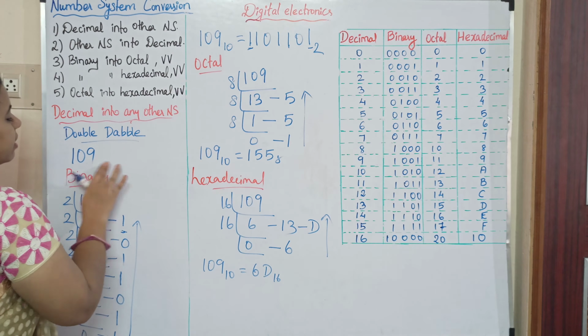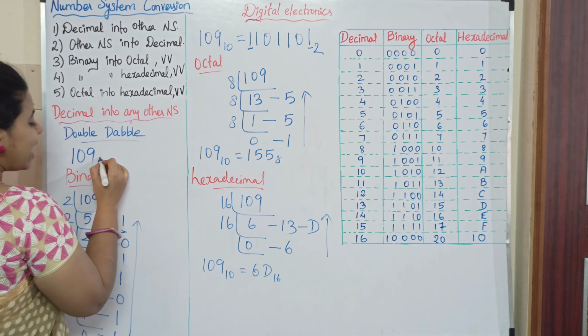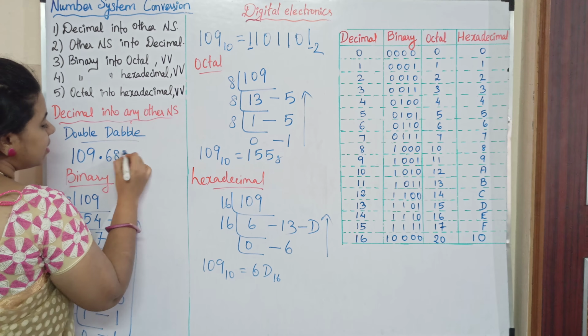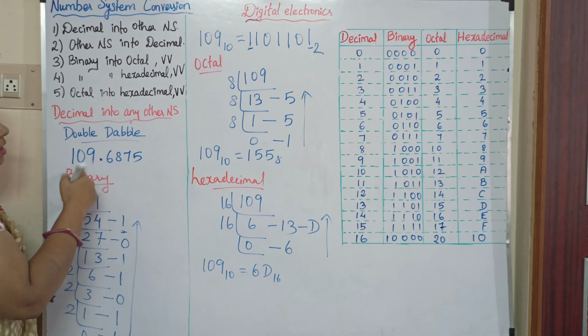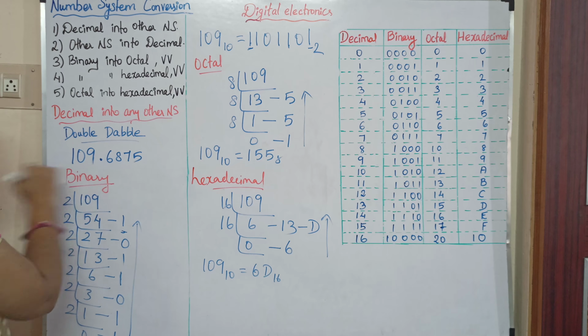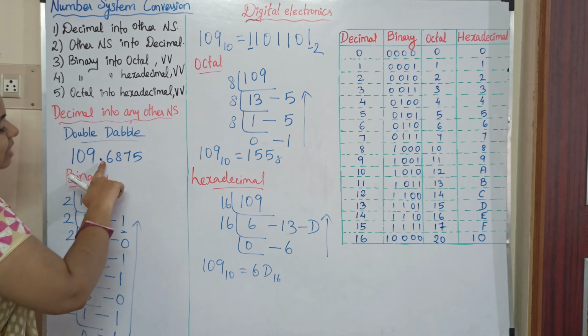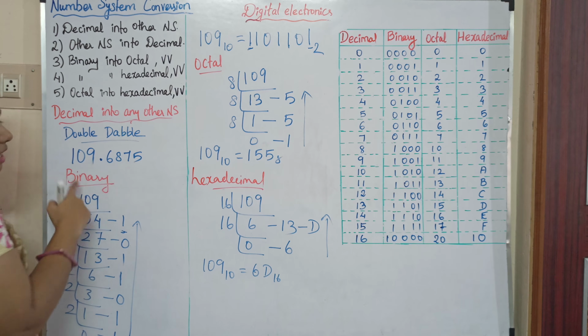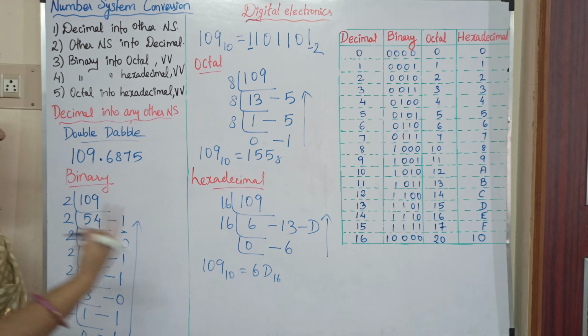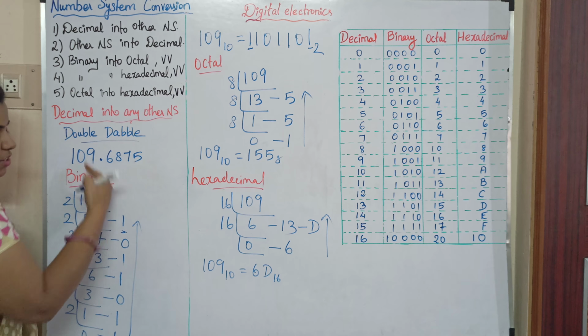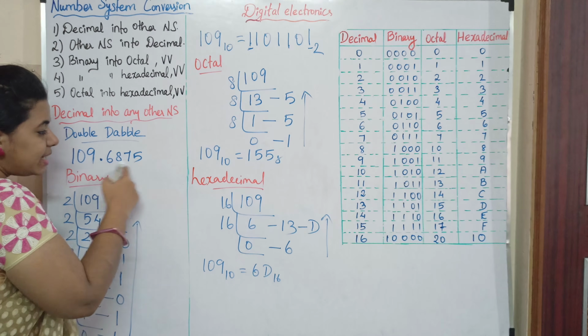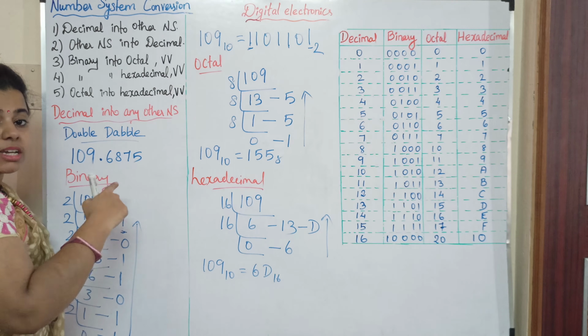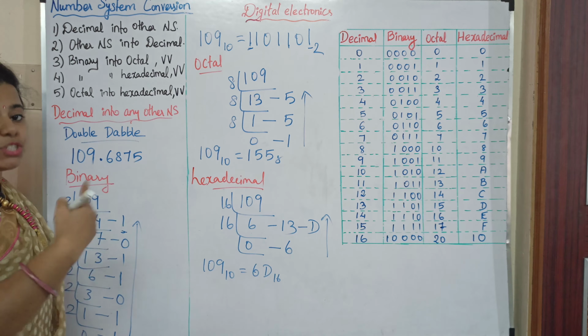Suppose a decimal number has a fractional part. Consider 109.6875. Here numbers before the radix point are considered as integers and numbers after the radix point are considered as fractions. Okay, so to convert this fraction part, you have to multiply this fraction part by the base of the number system which we need.